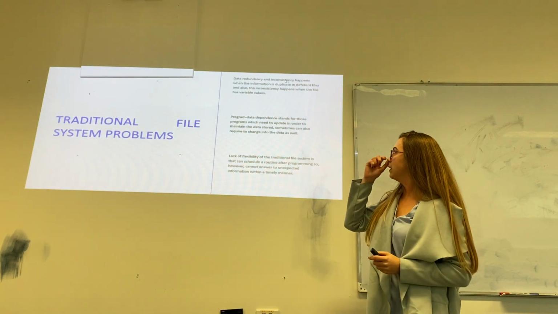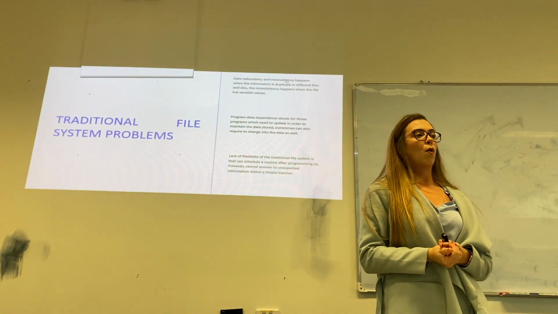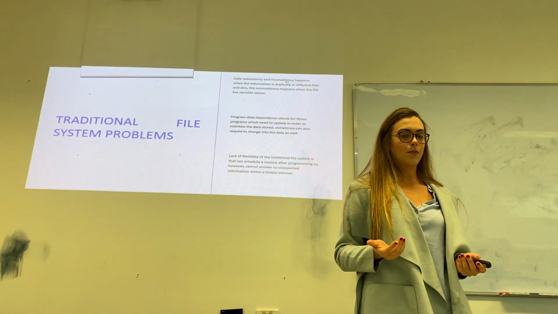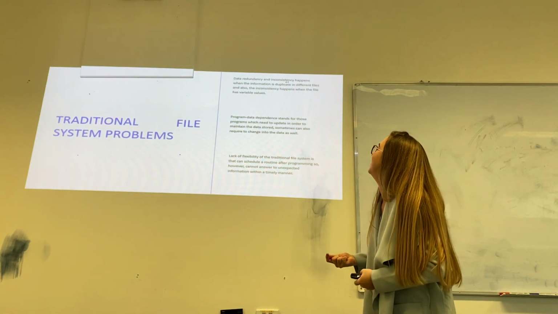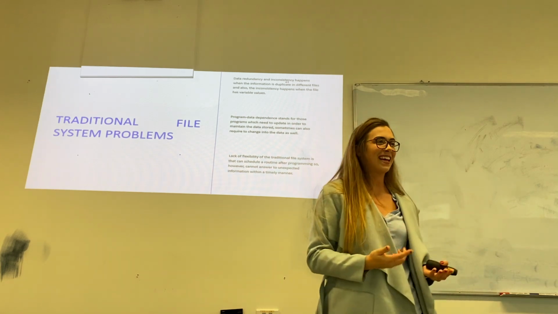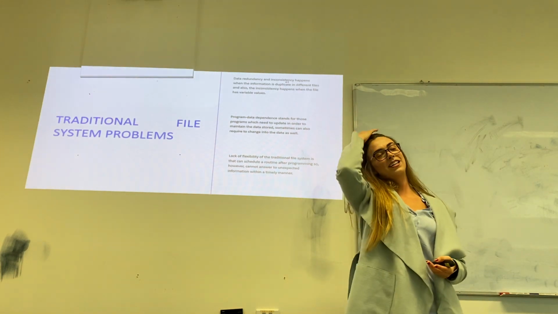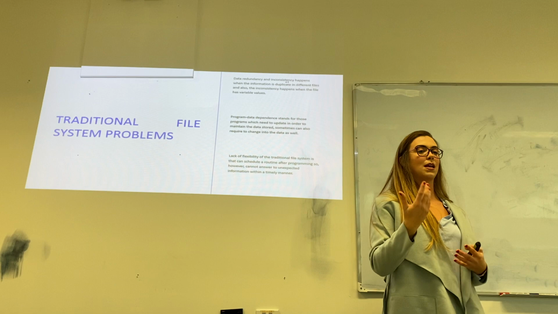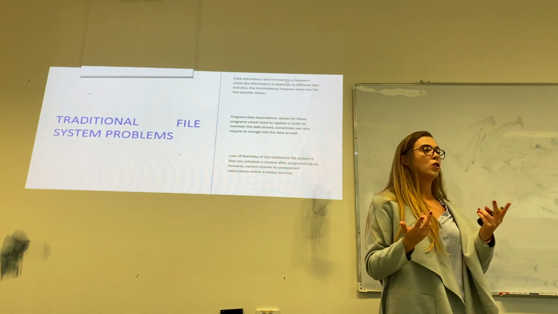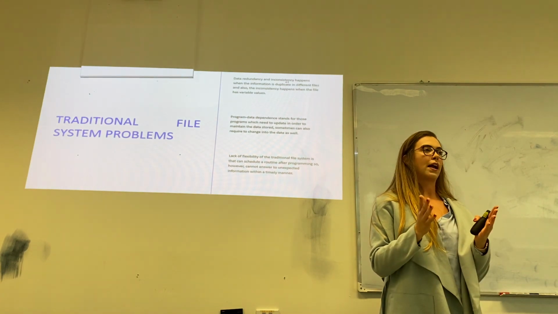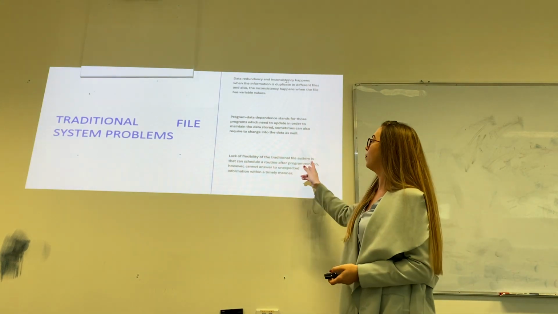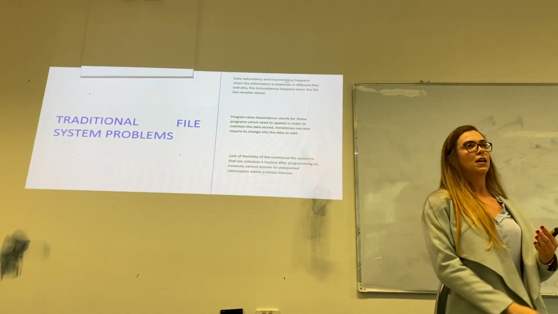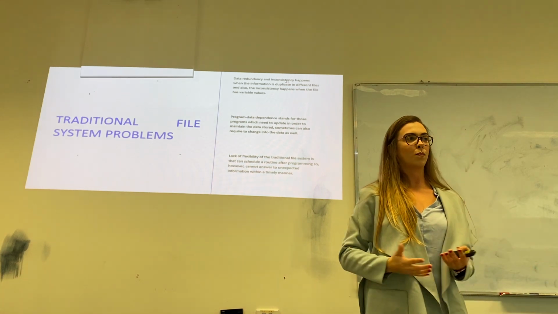So the first one is because in this system the information can be duplicated in different departments. So the same person can have this kind of information twice. The same information can be duplicated. Program data dependence is because sometimes the system needs to be updated.